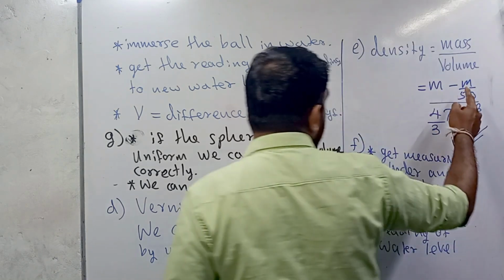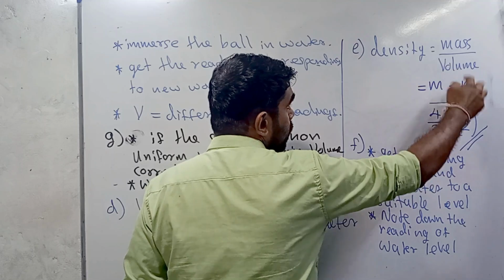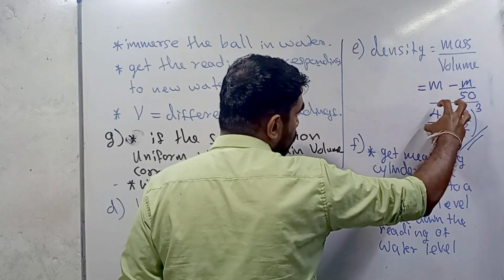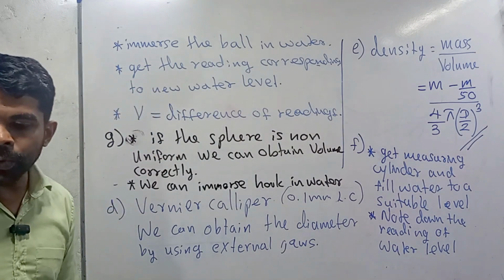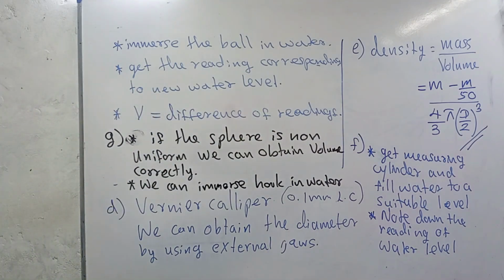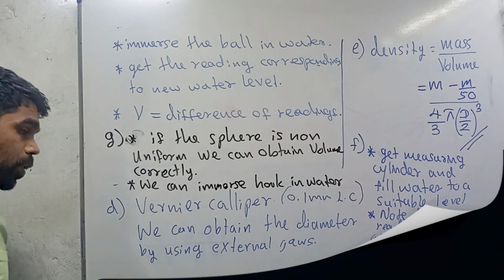Therefore, we can take the total mass as the mass of the object, and we can substitute the displaced water volume, because the displaced water volume is equal to the volume of the sphere and the volume of the hook. Therefore, there is no error due to the hook.